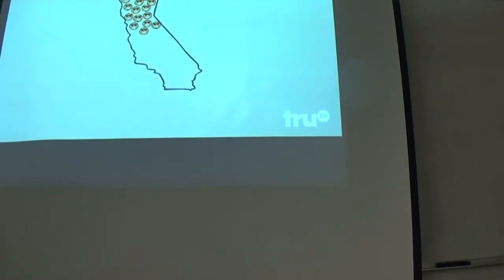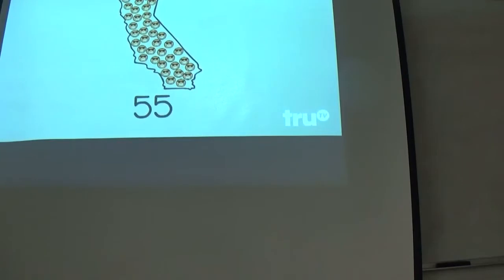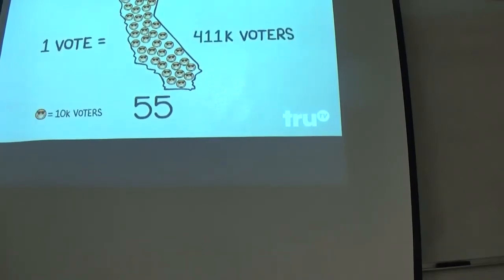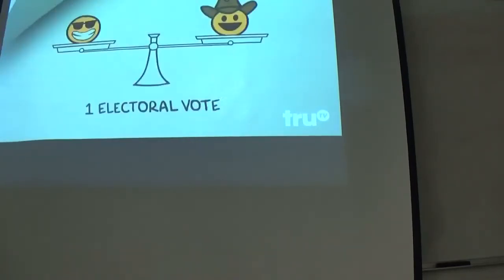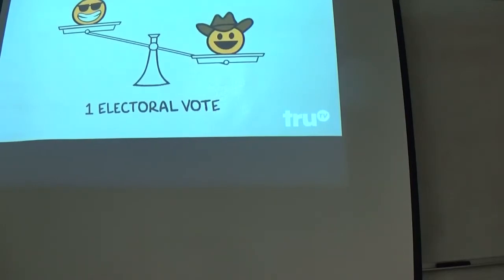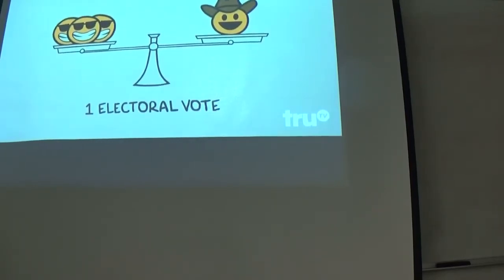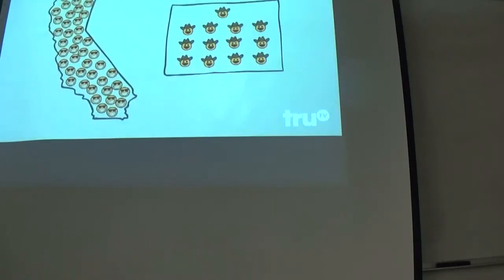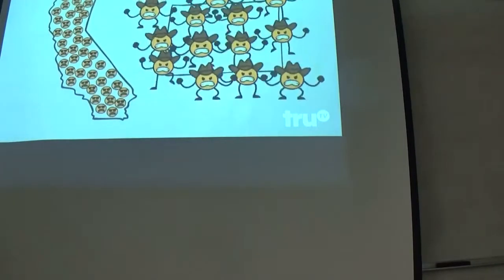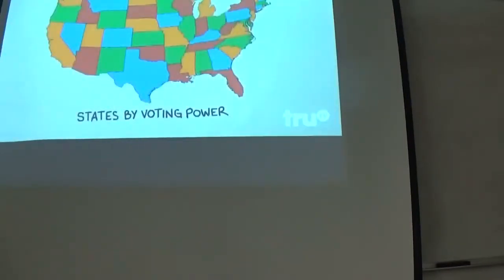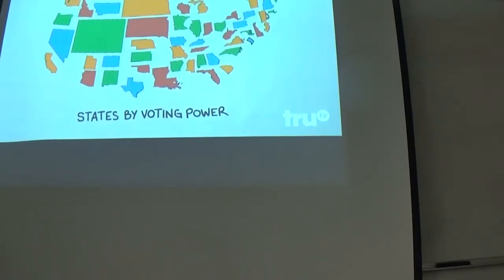California is packed with people, but they have 55 electoral votes, or 1 for every 411,000 voters. And that's totally out of proportion, because it means it takes 3 times as many Californians to earn 1 electoral vote, giving voters in Wyoming 3 times the power in the Electoral College. As a result of this system, your vote could count for less just because of where you live.